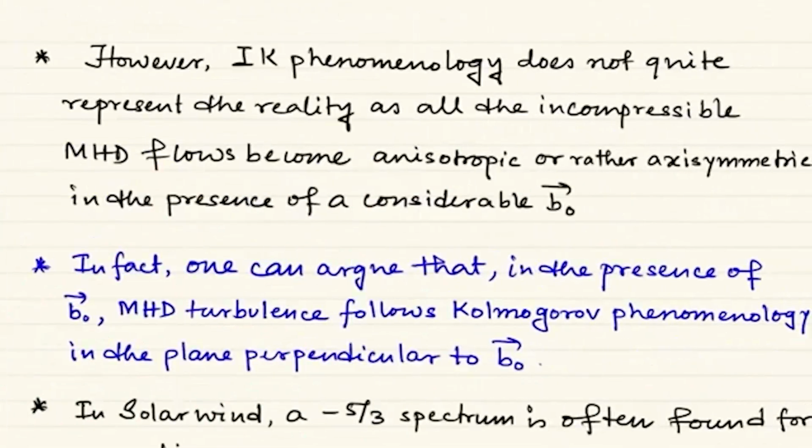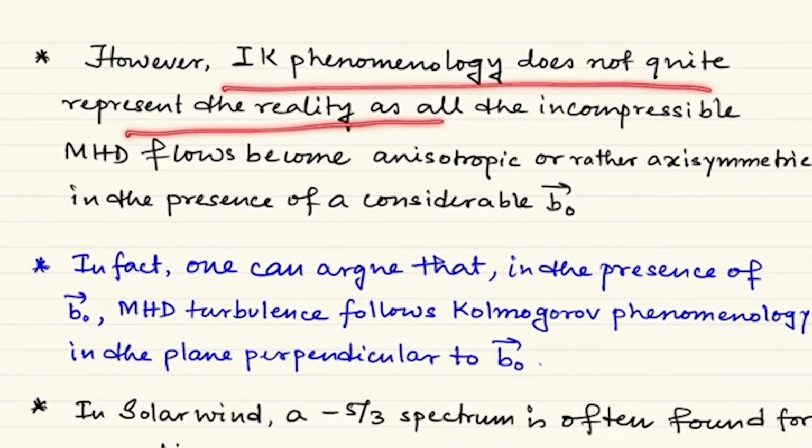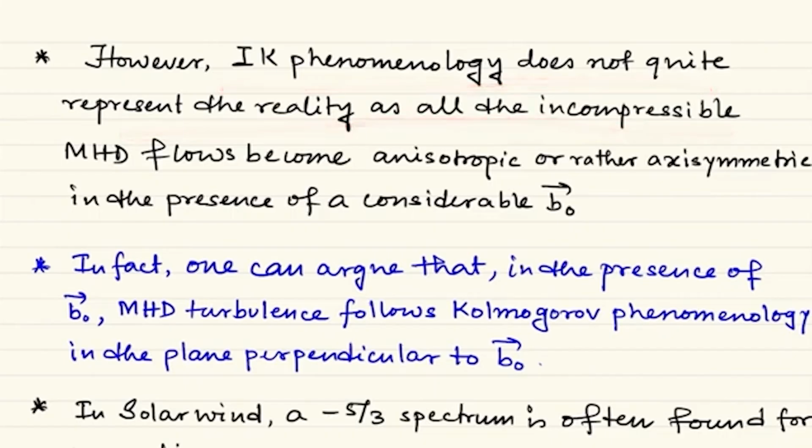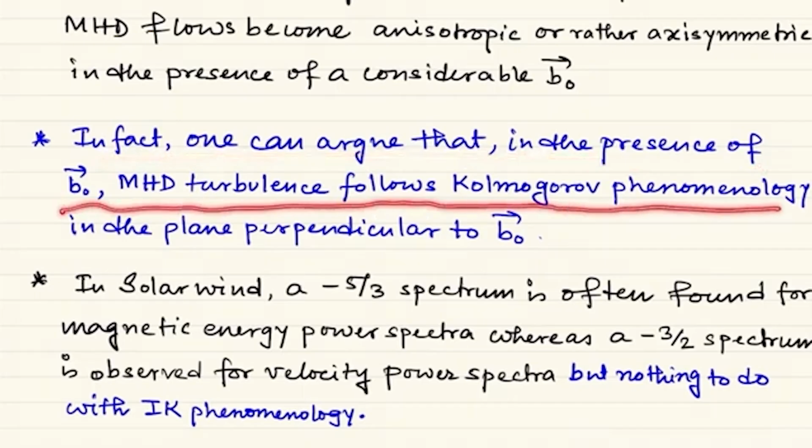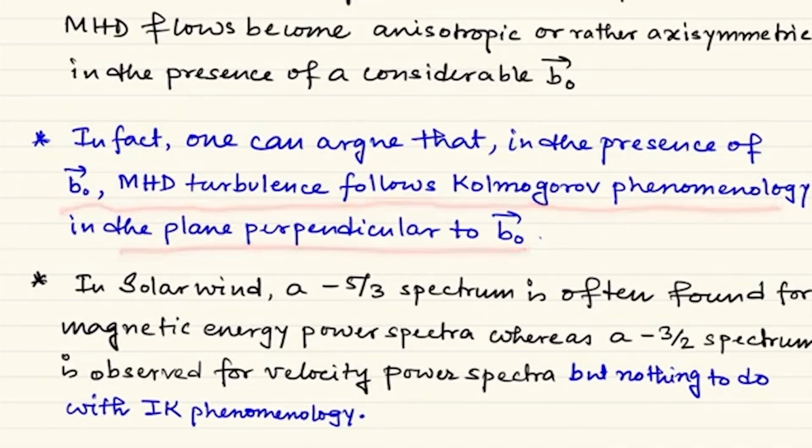However, IK phenomenology does not quite represent the reality, as all incompressible MHD flows become anisotropic, or rather axisymmetric, in the presence of a considerable B0, or mean magnetic field. In fact, one can argue that in the presence of B0, MHD turbulence follows Kolmogorov phenomenology in the plane perpendicular to B0. So in the plane perpendicular to B0, one can expect a minus 5/3 spectrum rather than a minus 3 by 2 spectrum.